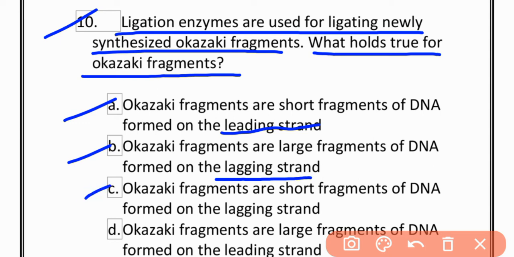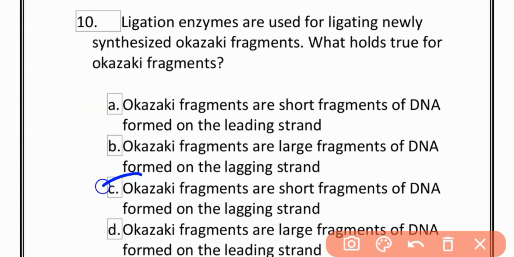C, Okazaki fragments are short fragments of DNA formed on the lagging strand. Option 4, Okazaki fragments are large fragments of DNA formed on the leading strand. The correct option is option C. Okazaki fragments are short fragments of DNA formed on the lagging strand.